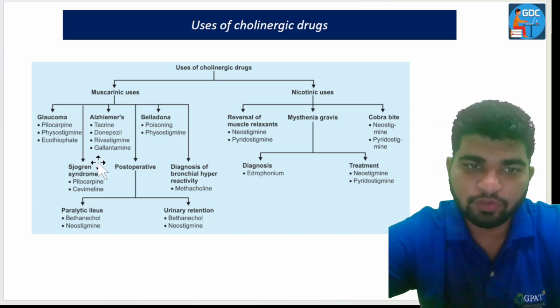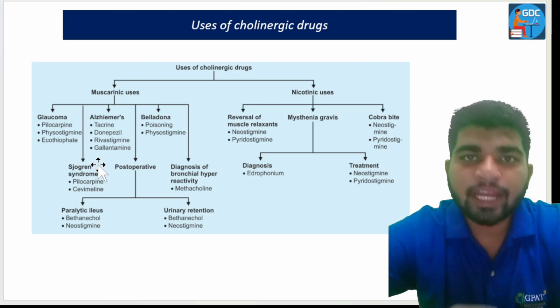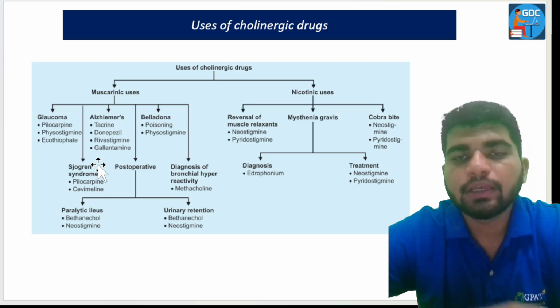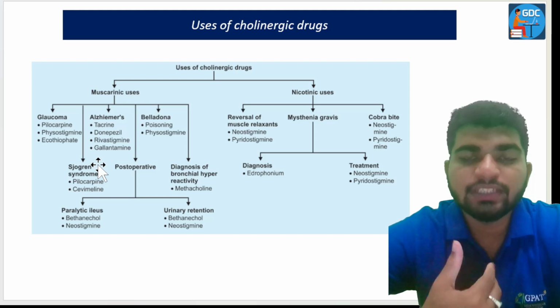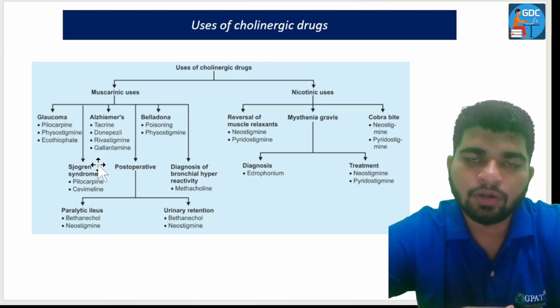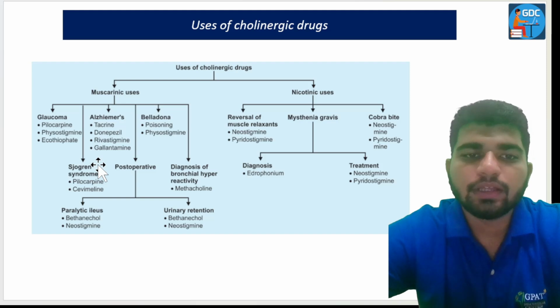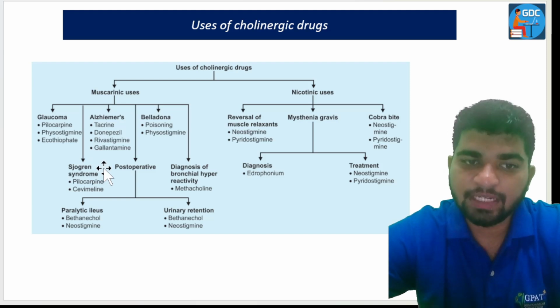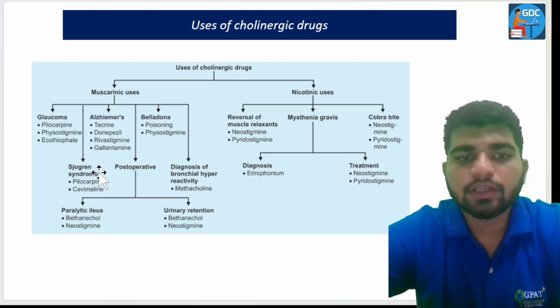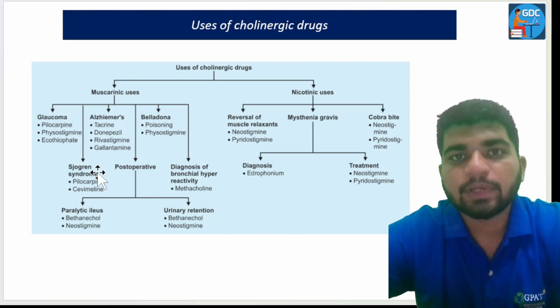Sjogren syndrome, as I have told you before also, is a dry mouth condition that occurs when a cancer patient has radiation around the neck or head area. Because of that, the salivary glands get damaged, leading to dry mouth.